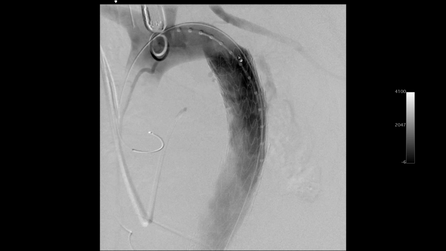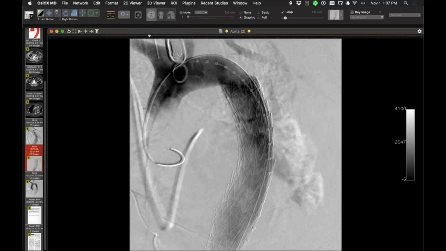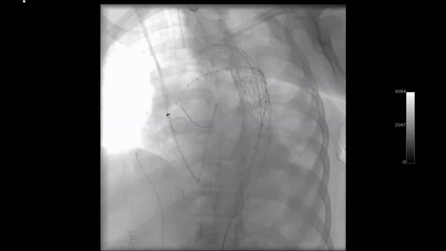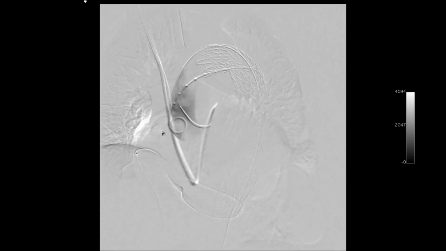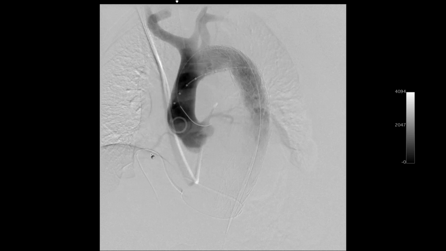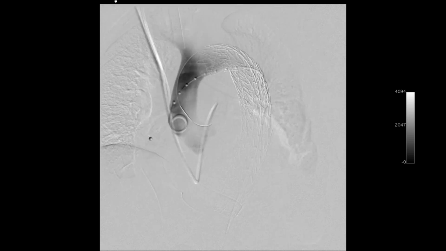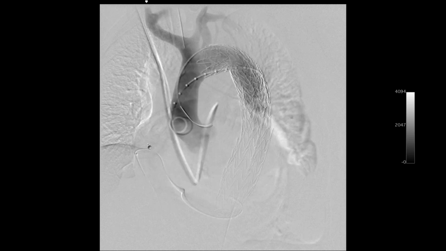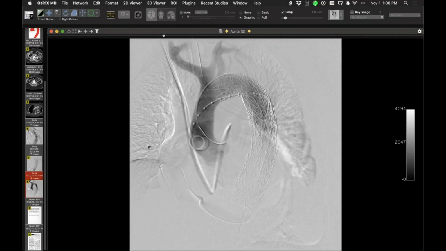So that meant that they had to extend and put an additional graft further in. So this is the angio series after placement of the additional stent graft more proximally, and I know it covers the subclavian, but now they've taken care of that stent. So kind of an interesting case of type B with retrograde extension and treatment of it in this instance with endovascular stents to cover the tears that we saw.